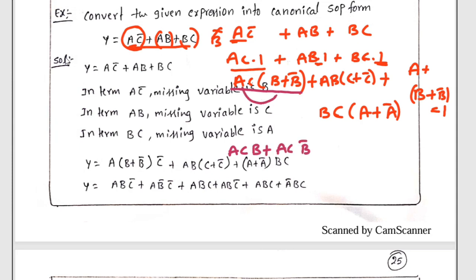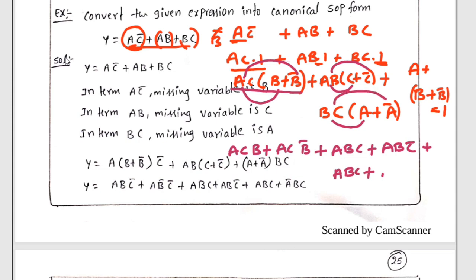First I am multiplying AC bar B and then AC bar into B bar, plus ABC plus ABC bar, plus BCA, which means ABC, plus BC into A bar, so A bar BC.